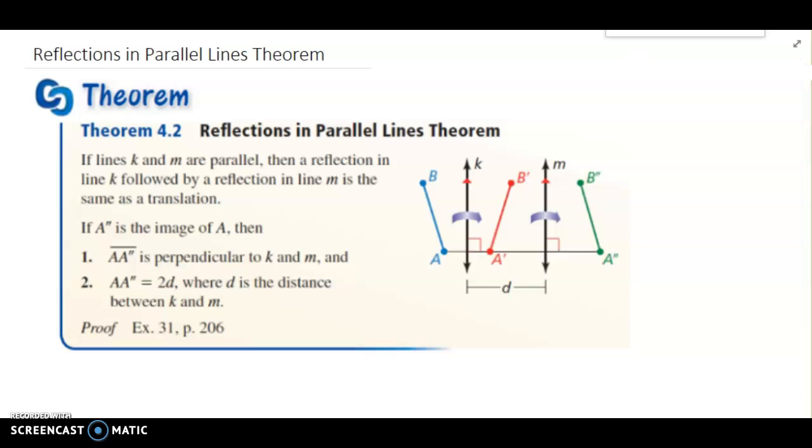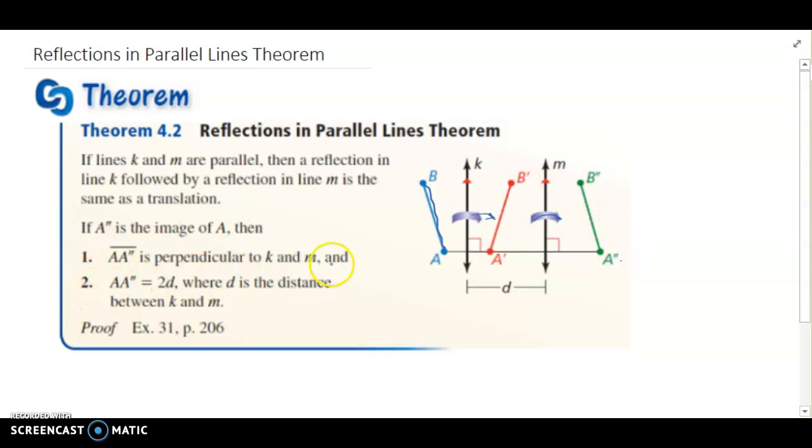Alright. So let's look at what the reflections in parallel lines theorem tells us. So just like the video explained, it tells us that if we start with BA, we reflect it over line K, and then we reflect it over line M, what we get is B double prime, A double prime.